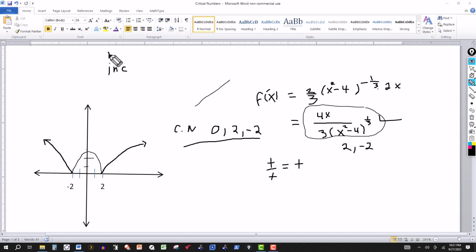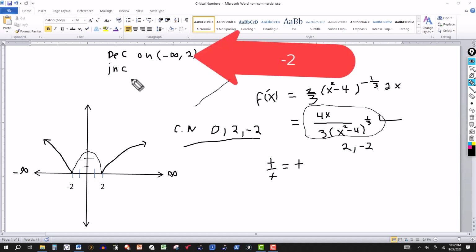Increasing and decreasing. You can see negative infinity is over here to the far left, and plus infinity is to the right. On the far left over here, the curve is coming down or decreasing. So decreasing on the interval negative infinity to -2. And you can see from -2 to 0, it's increasing.